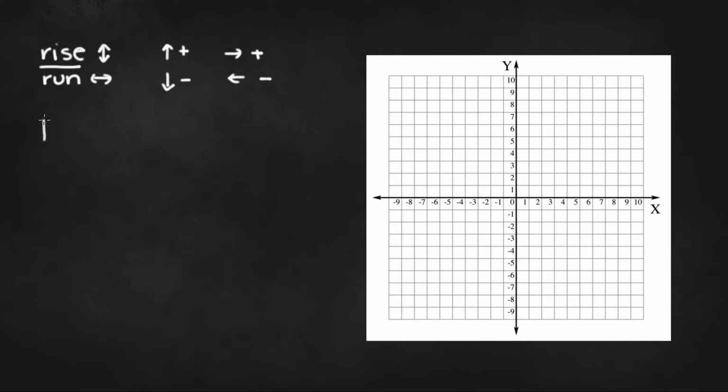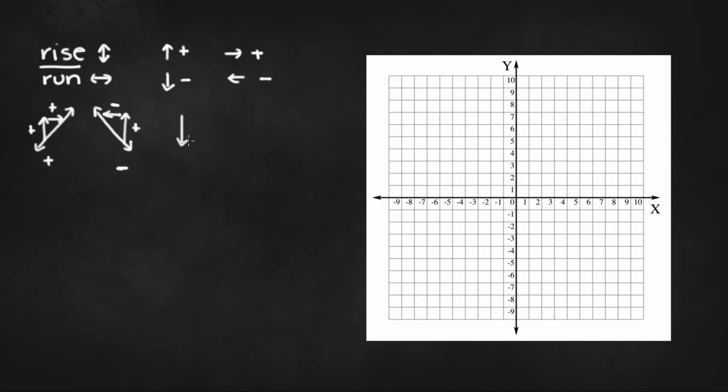We can go up and right to create a positive line, like this, since both up and right are positive motions. We could go up and left to get a negative line, since up is a positive motion and left is a negative motion, and a negative and a positive create a negative.